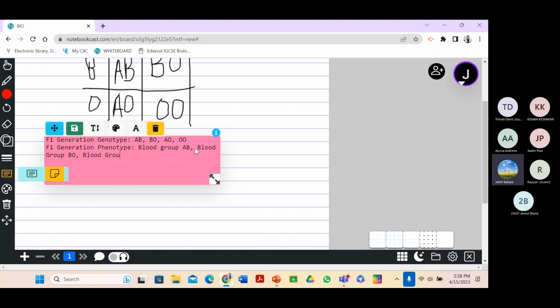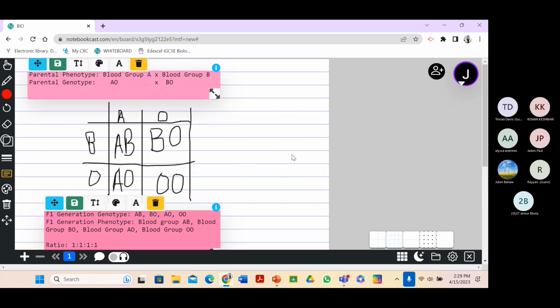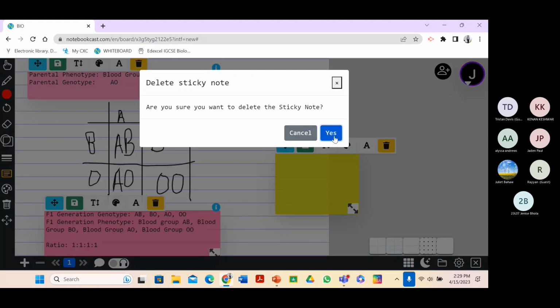Blood group AO. Blood group OO. And then you put a ratio at the end. So this one is a 1 to 1 to 1 to 1 ratio. A lot of possibilities in this case. Right, much better.